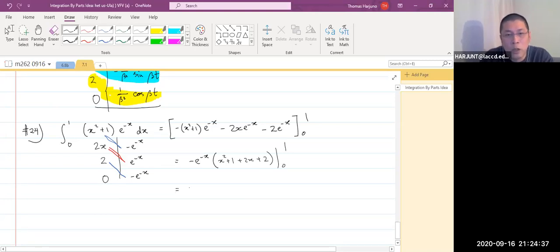When it is 1, I get negative e to the negative 1 times 1, 2, 4, 5, 6. So this will be 6 minus, when x equals 0, that will be just 3. That will be 3 minus 6 over e, or you can just write 3 minus 6e to the negative 1.